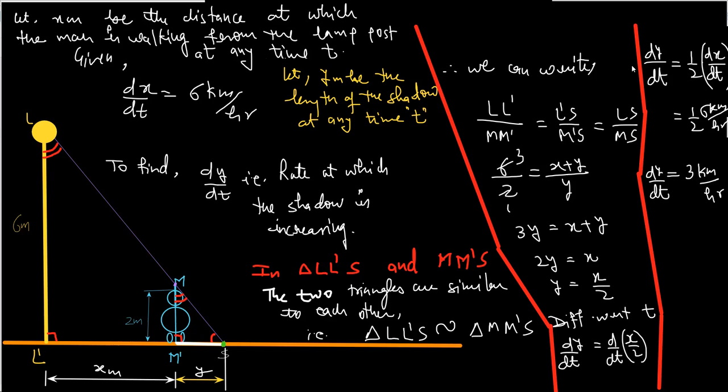Let me add to this only. So here I will write the rate at which the tip of the shadow is moving equals d by dt of x plus y.